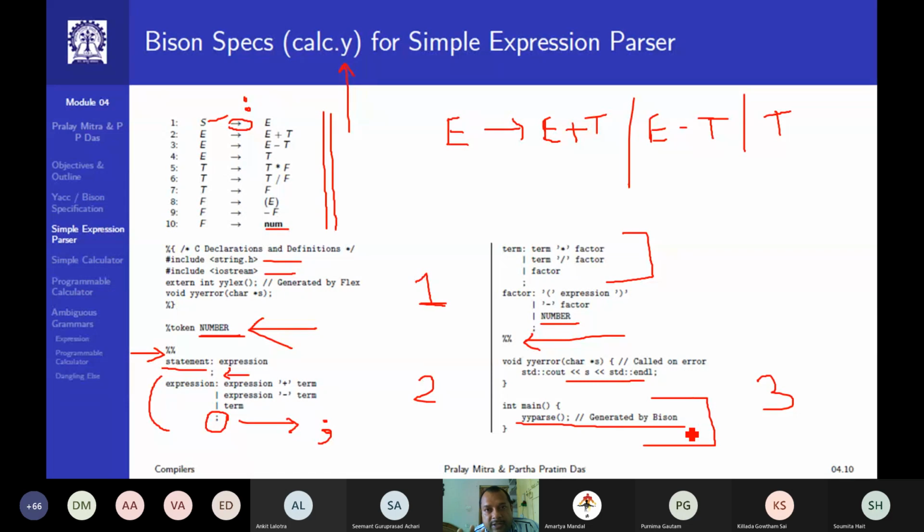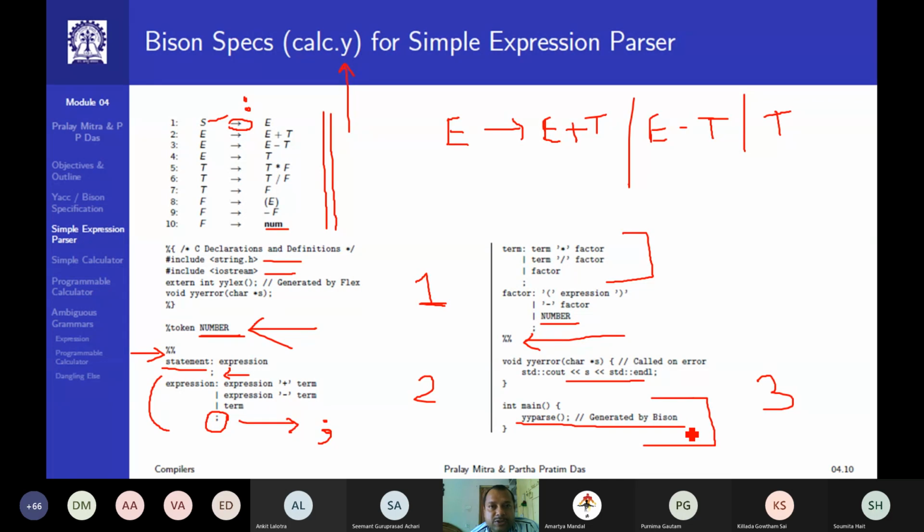We demonstrated that if I expand yylex, I get a series of code written in C, which is then compiled by the C compiler to generate the final executable. Similar to that, the Bison utility will expand this yyparse. You need not worry.